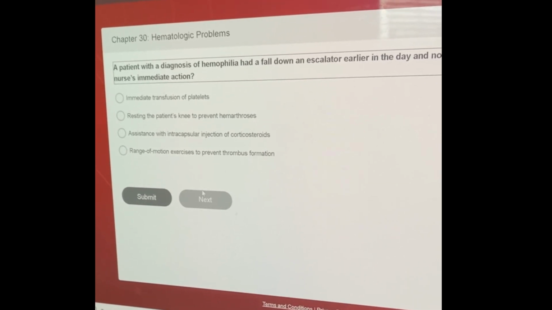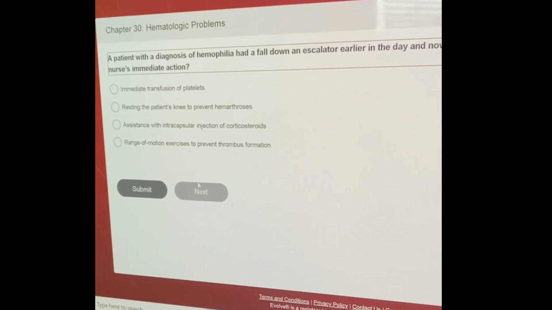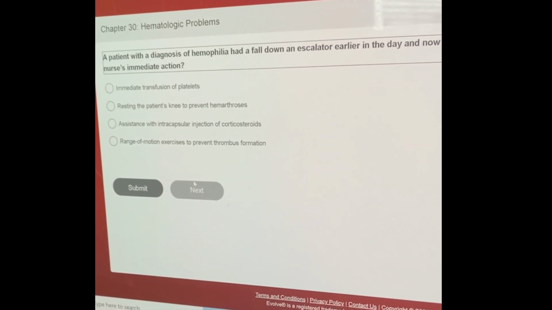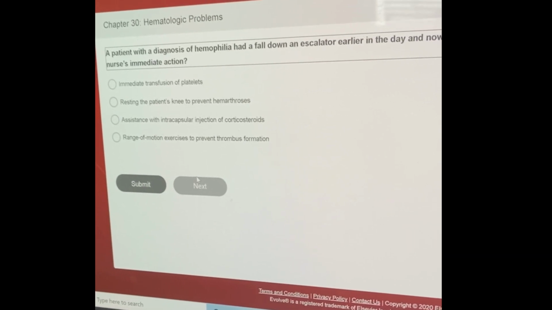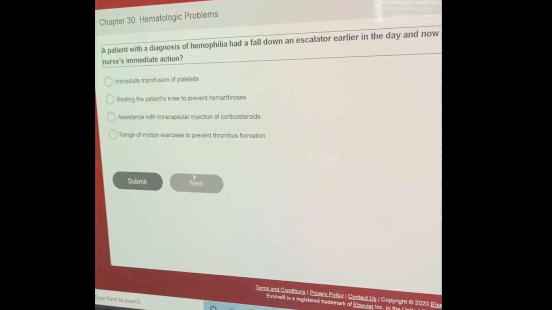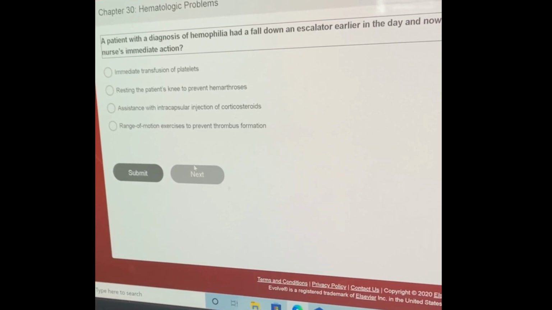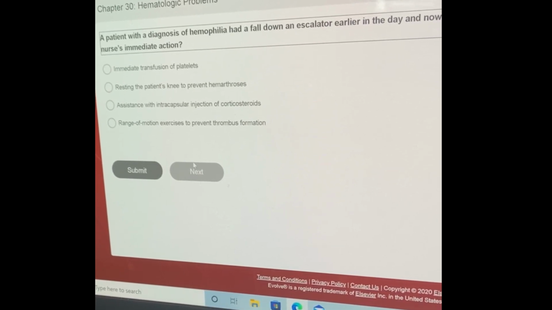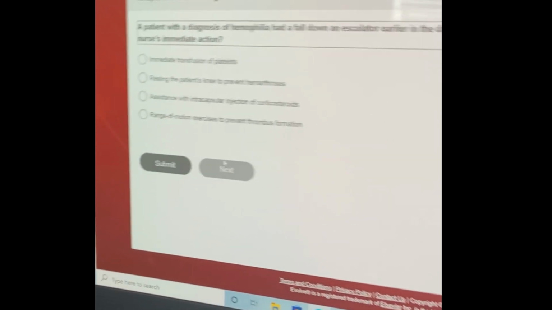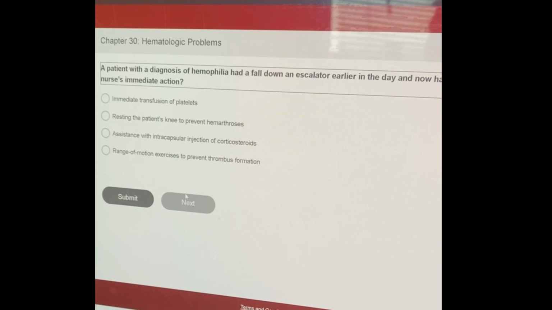Okay, so if they bleed, hemophilia, obviously the blood, is it going to coagulate or is it not? The blood's going to do something weird. What should be the emergency nurse's immediate action? Immediate transfusion, resting the patient's knee to prevent hemarthrosis, assistance with range of motion.